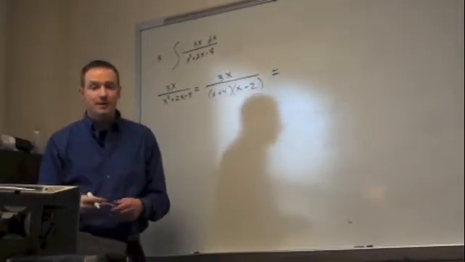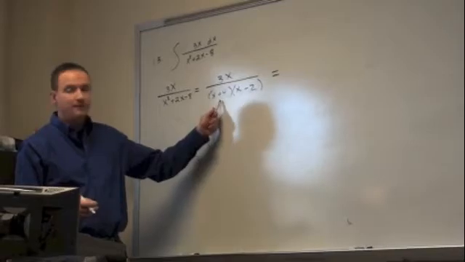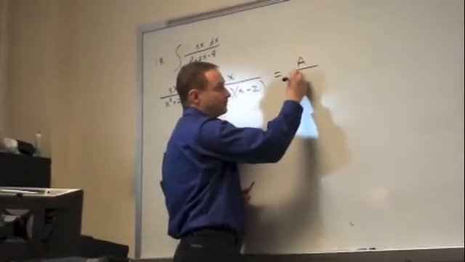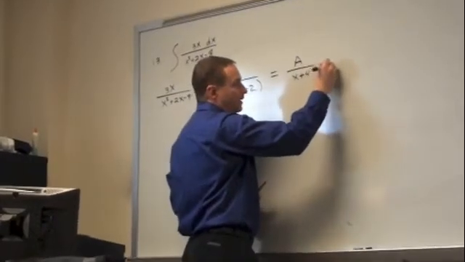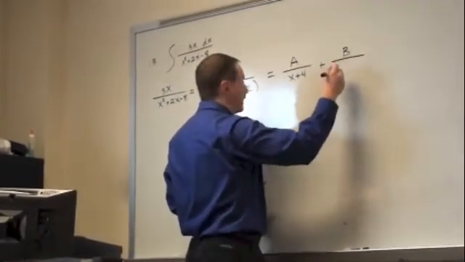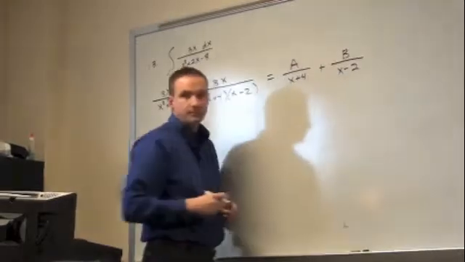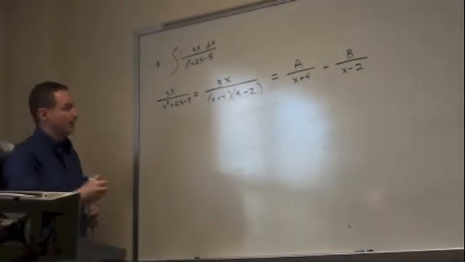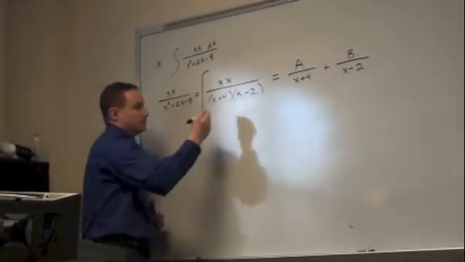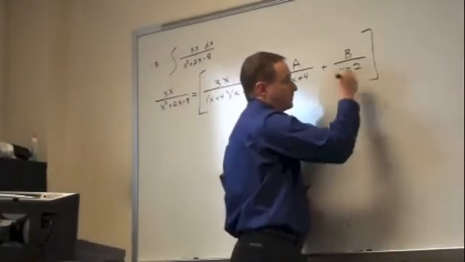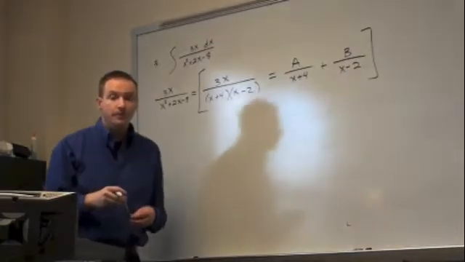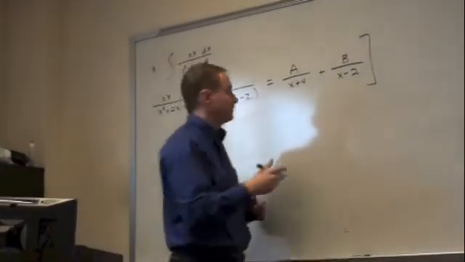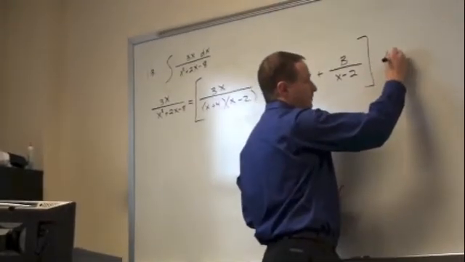You'll decompose this into a constant over this linear factor, a over x plus 4, plus b over x minus 2. Then at this point in the problem, here's my equation. Take your equation, multiply by the least common denominator. So I'm going to multiply everything by x plus 4, x minus 2.